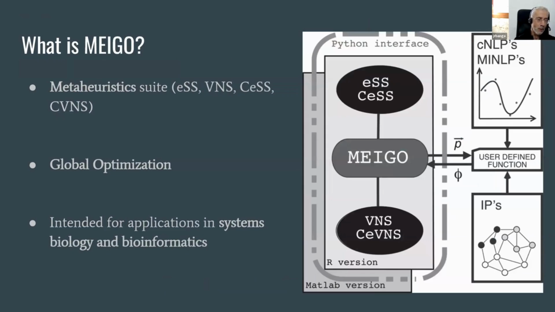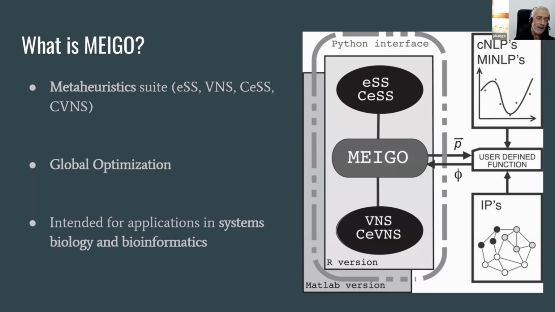So essentially, what is MEIGO? Well, it's a toolbox devoted to metaheuristics. I will mention in a minute what I mean by that. Metaheuristics are intended to solve global optimization problems, which, as I mentioned before, are extremely hard. And the toolbox is not intended to solve general global optimization problems, but problems that are mainly from the areas of systems biology, computational biology, and bioinformatics.